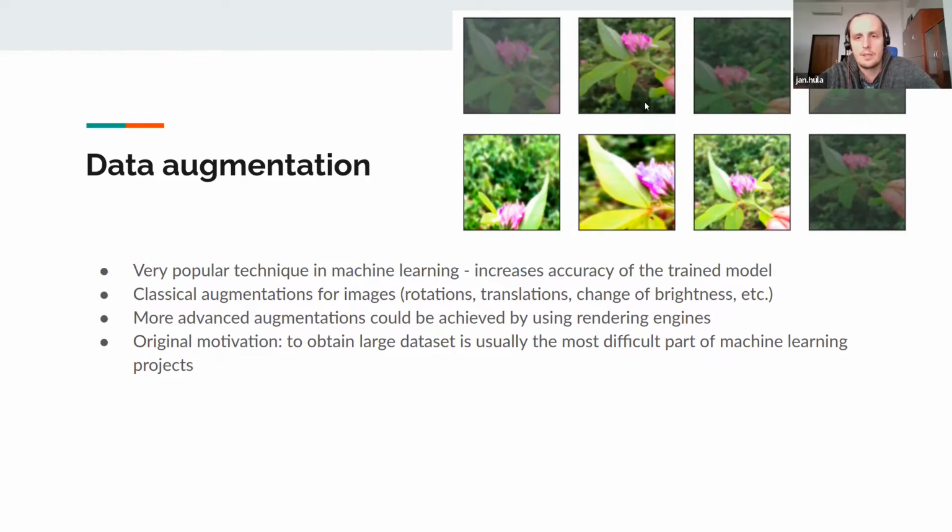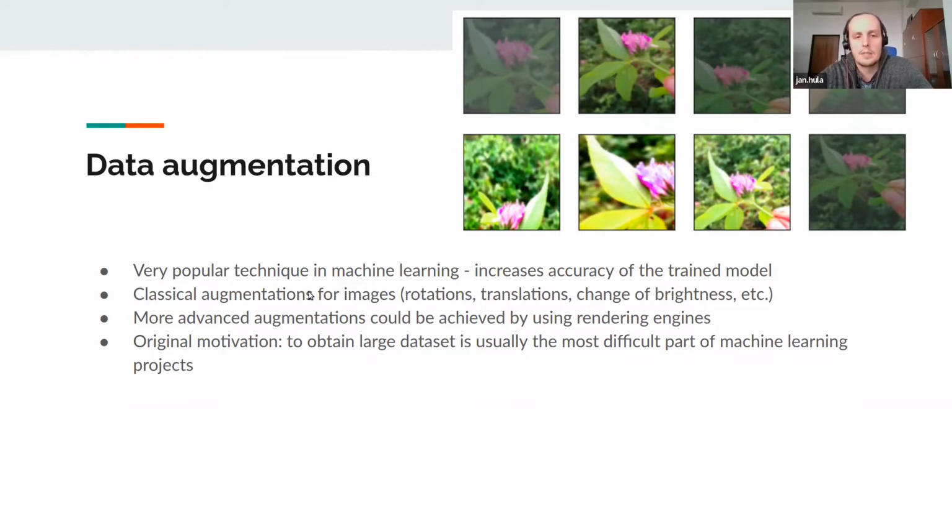So here, in the image, these are all images which are created from one image by applying different transformations. It could be rotation, it could be change of brightness, and by creating these modifications, we enlarge the training set, and then we usually improve the accuracy on the testing set, because the model sees the variations which can be present in the testing set.